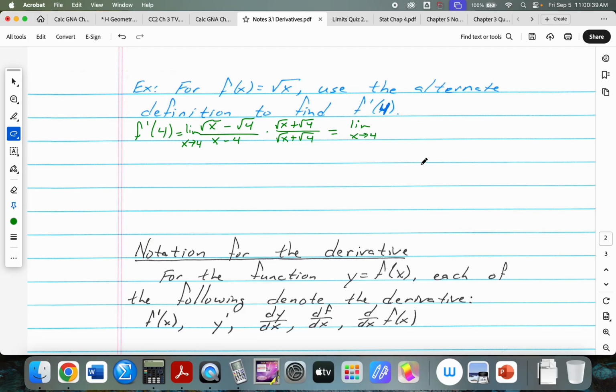So the limit as x goes to 4 of, when I multiply these two together, I get x minus 4. And in the denominator, I have x minus 4 times the square root of x plus the square root of 4.